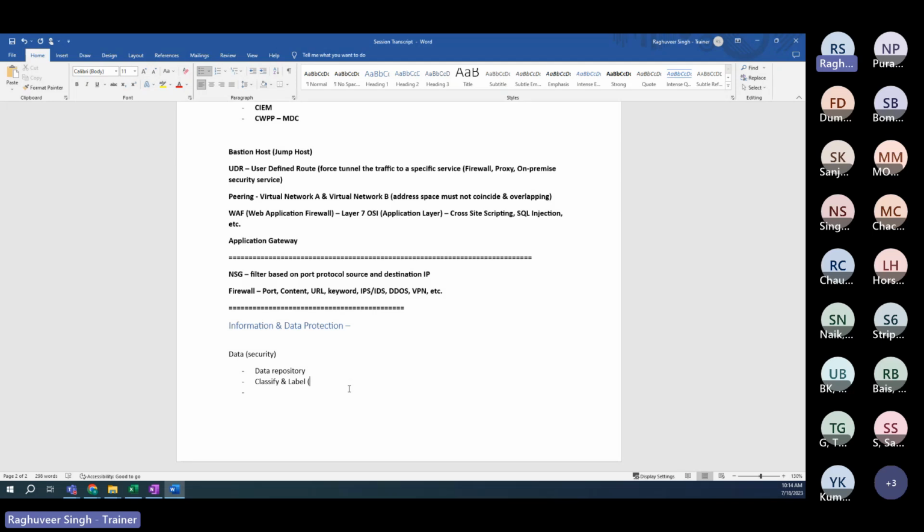And on the basis of the labels that you apply, the appropriate DLP policy will take place and will safeguard your information. So if you apply a confidential label to an email, and then you attach some file to it, whoever you are sending that file to will also need an additional password to open that file.